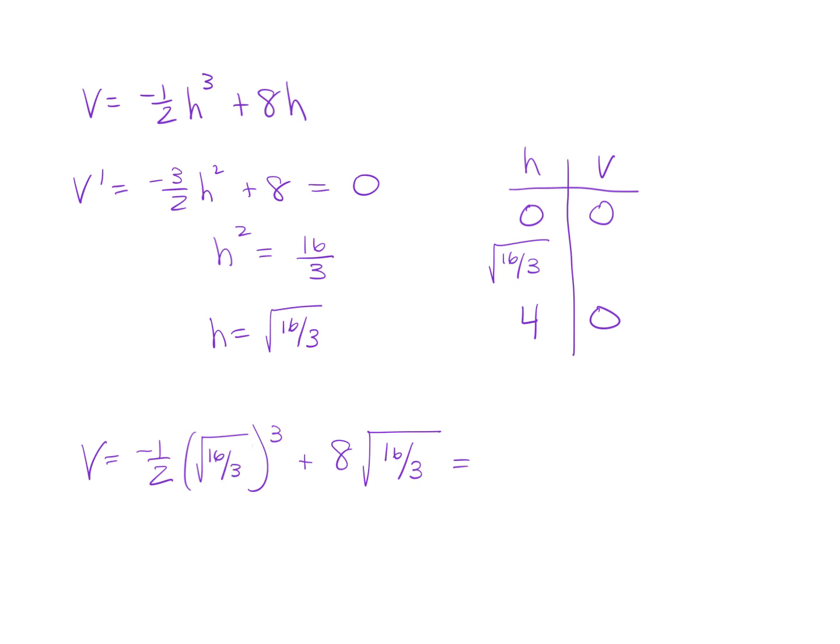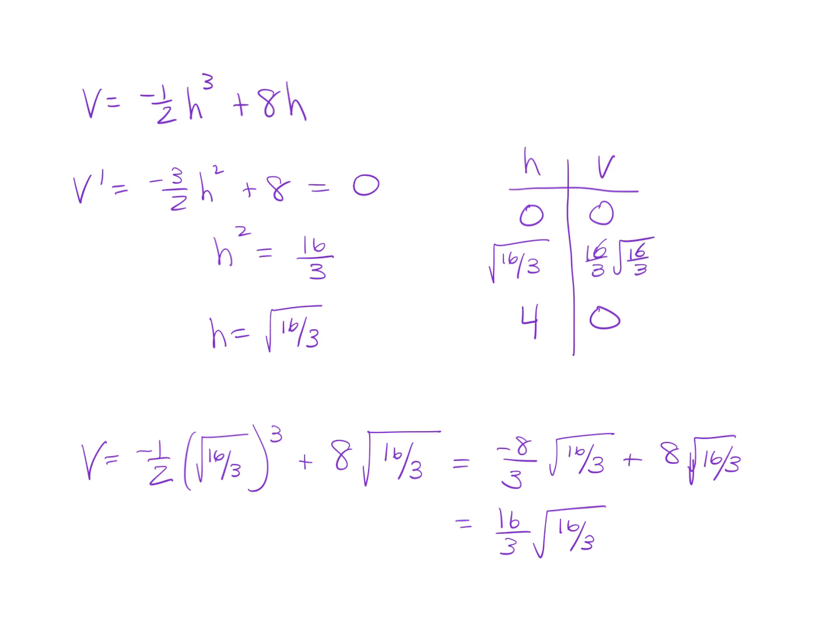So I'm going to have negative a half times 16/3, which is negative 8/3, times the square root of 16/3, plus 8 square root of 16/3. So 8 is 24/3, and 24 minus 8 is 16/3 radical 16/3, which is a positive number. So that is how I maximize.